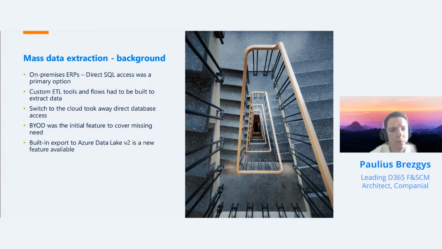Now, what happened with the switch to the cloud is that we have lost direct database access. For Dynamics 365, I know everybody's complaining about that, specifically the people coming from previous AX versions.